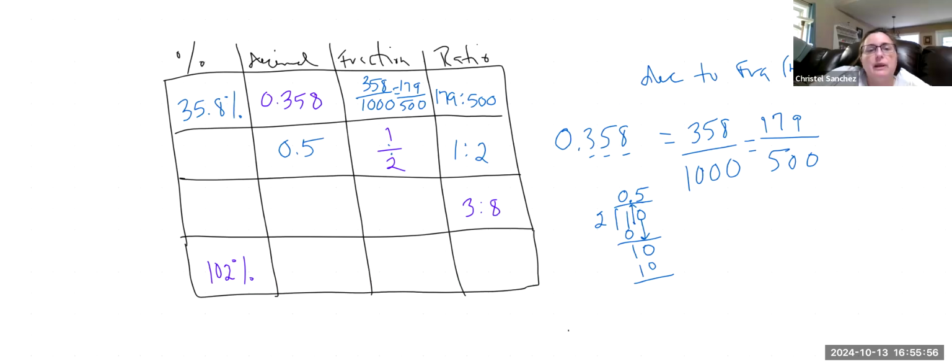Now, remember when we did decimal to fraction, we moved 2 places to the right. Hold on a second, y'all.